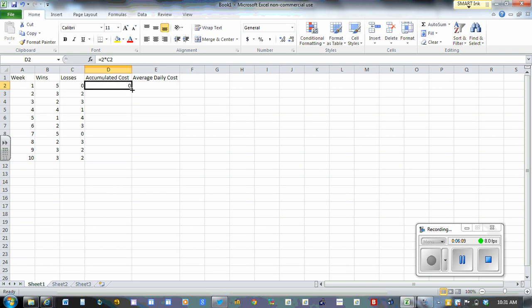If we map that formula all the way through, you can see how we have $4 followed by 4, and it all certainly makes sense as the formula references the number of losses at $2 per loss.